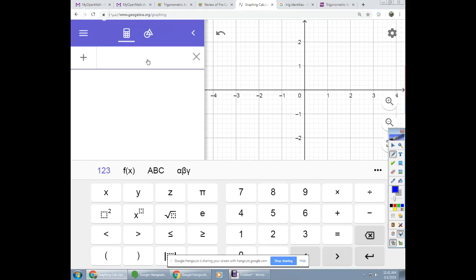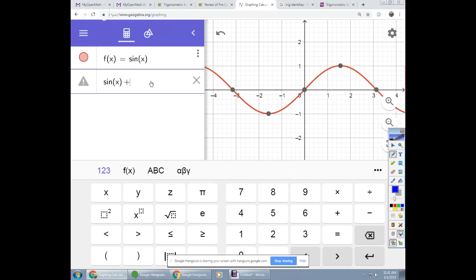Okay. So suppose we had the sine of x as our carrier wave. Then I want to take that sine of x and add to it something smaller, like 1/10 times the sine of 10x.